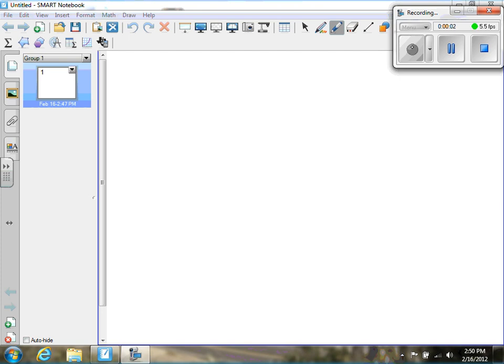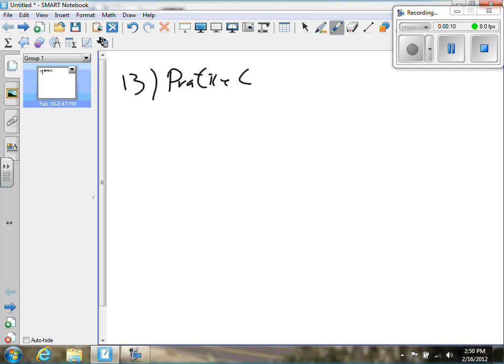This is problem 13, practice C, for chapter 6.3. And we're asked to find f of g of x.